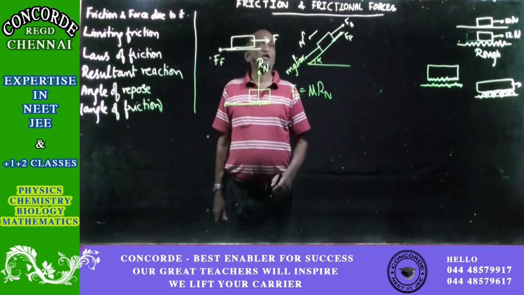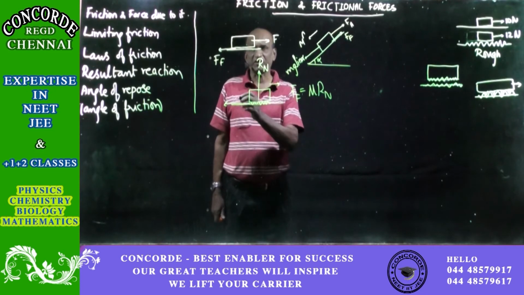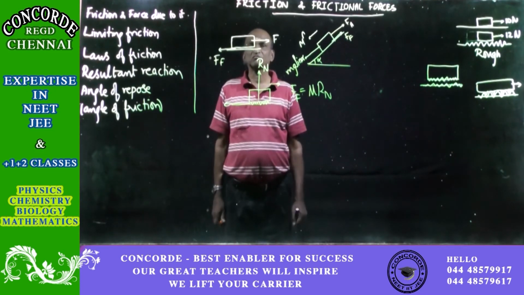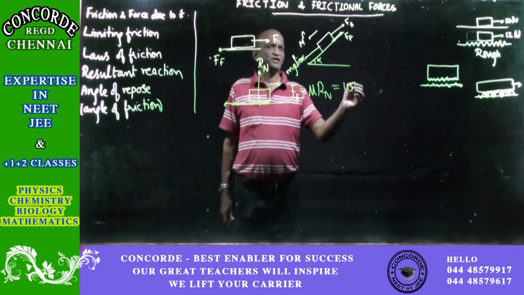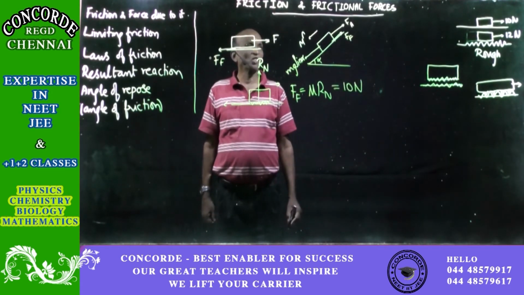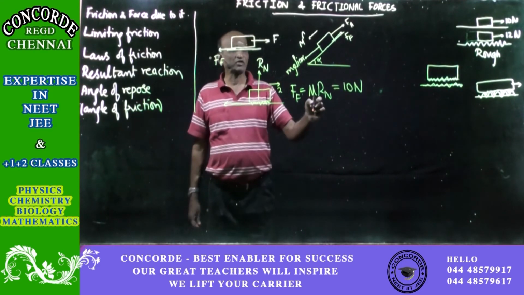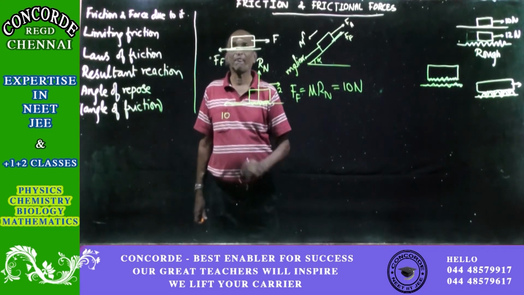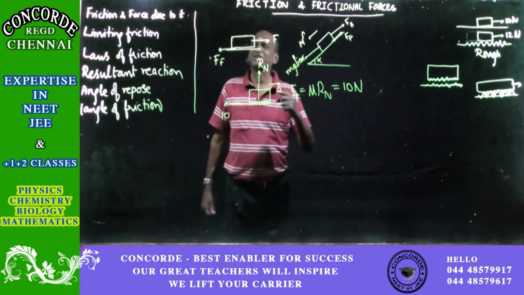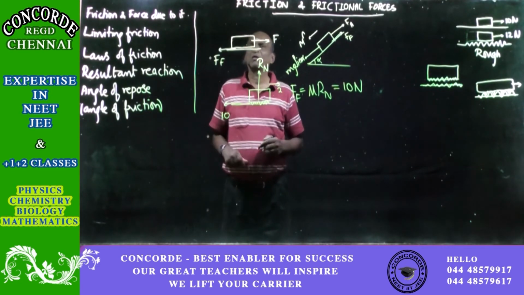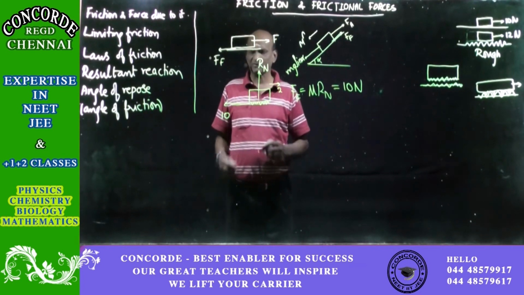See, if there is no force in the forward direction, friction also will not be there. Supposing mu into R after calculation is equal to 10 newtons. You are applying 2 newtons and the frictional force according to you is equal to 10. Frictional force is something you don't apply, which comes the natural way. Body is moving on a rough surface, at once the frictional force will also be generated.